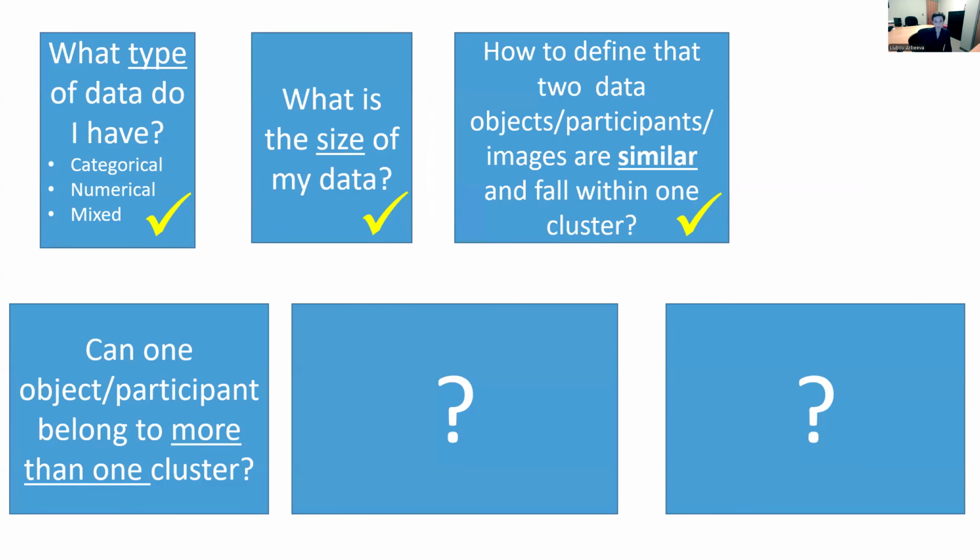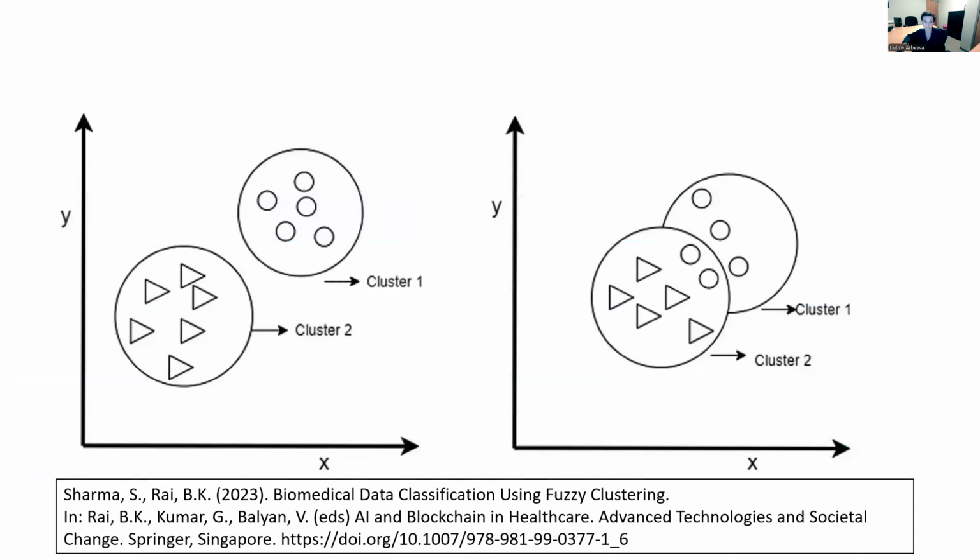So now I will go to the second row, which is more interesting, and these clustering methods are not so widely used. Can one object or participant belong to more than one cluster?